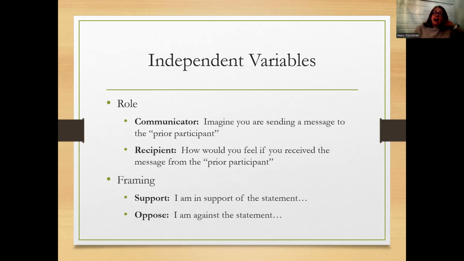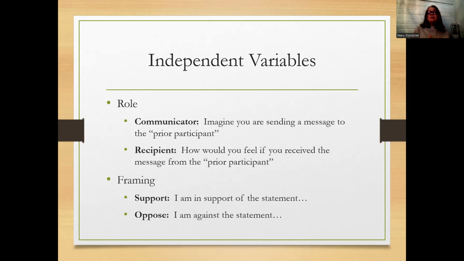So they were asked to imagine that they're sending this message to the prior participant. The other half were told you're going to be the recipient. And so the recipients were told, how would you feel if you received this message from the prior participant? So they're shown the same information, but some are told, imagine that you're sending this. Others are told, how would you feel if this is the message that you got?